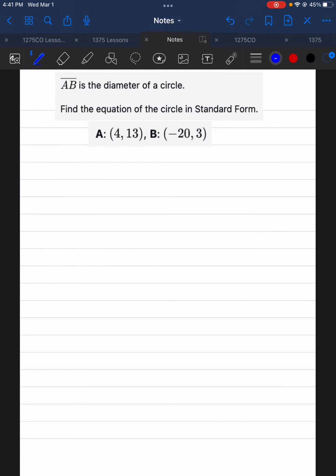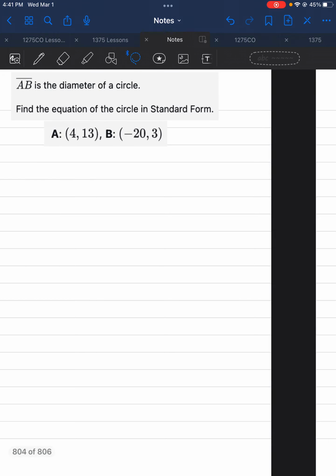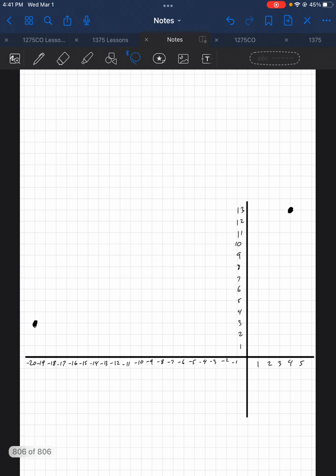Next up is being given the diameter of a circle as points on a graph. Now you don't have to graph it, just like with the previous problem. You didn't have to graph it. But what's happening here is we have these 2 points that were given.